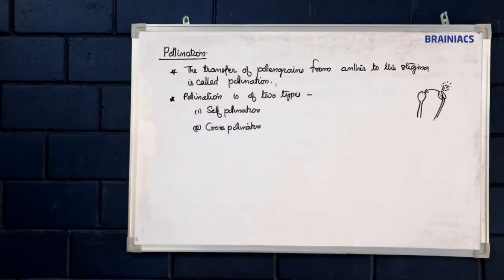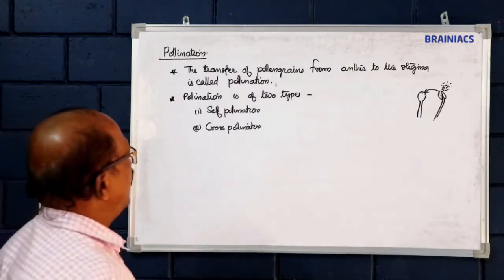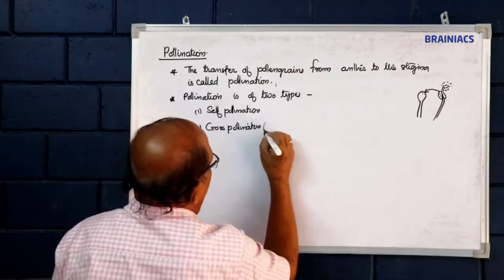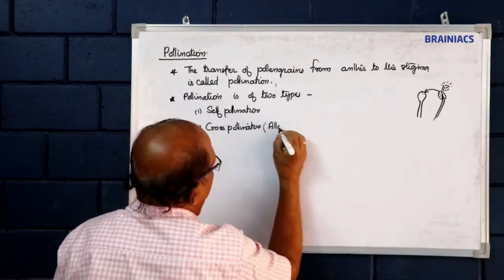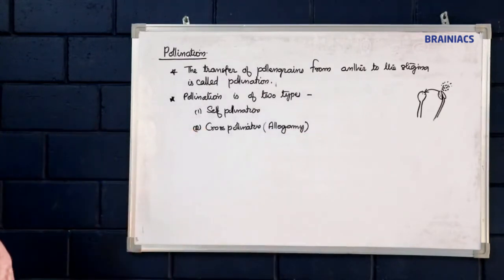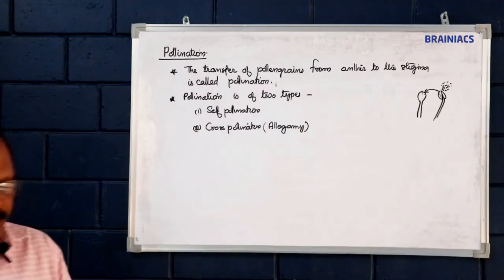Cross-pollination is also known as allogamy or xenogamy.